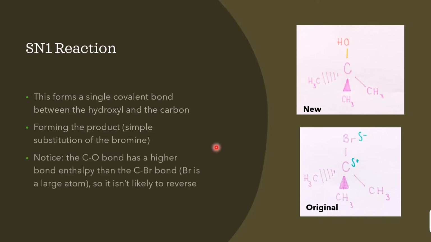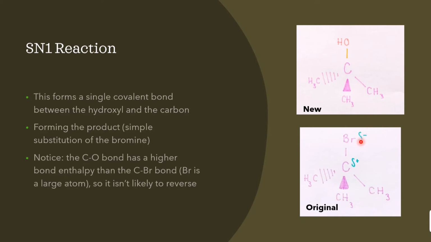And you also need to notice that the carbon-oxygen bond in our product has a higher bond enthalpy than our carbon-bromine bond in our original molecule. And this is because bromine is a larger atom, it has a lower charge density, it has more electron shielding.